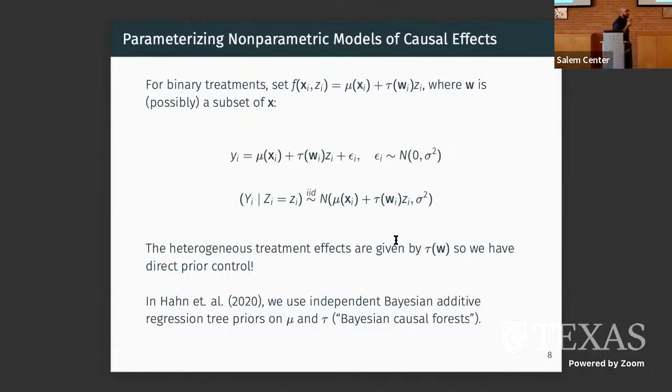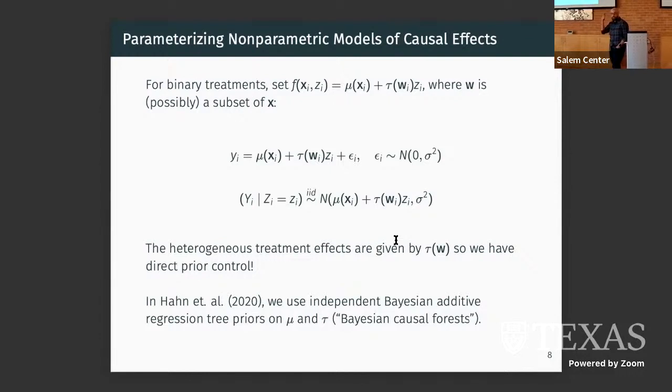And in particular, I can think about carefully specifying a prior distribution on tau to apply the kind of shrinkage regularization that I want to impose on my function, right? To make sure that I'm getting stable estimates, low variance estimates, conservative estimates, shrinking those things back towards homogeneous effects, shrinking them back towards simpler models. Okay?